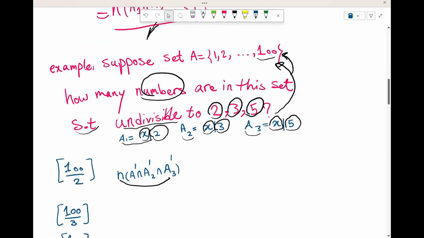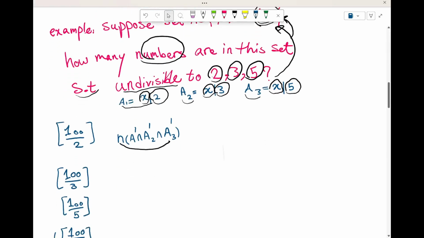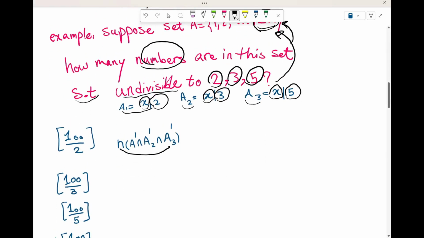In this set, we have 100 numbers, and if we want to find the multiples of 2, it is the floor of 100 over 2, and the answer is 50.